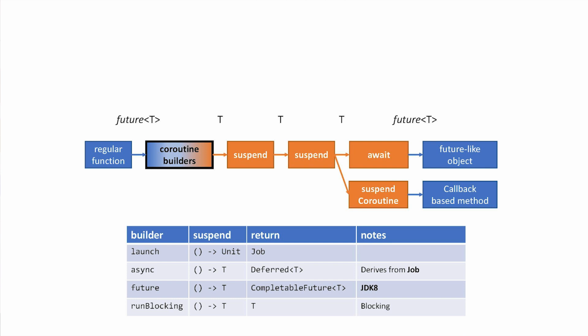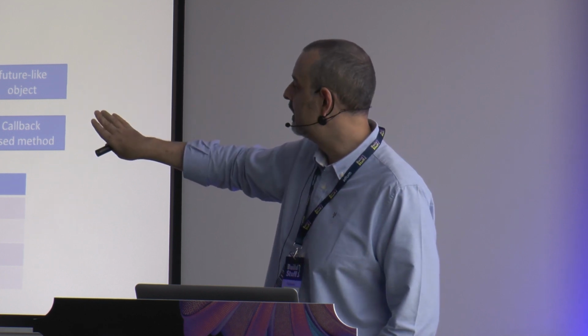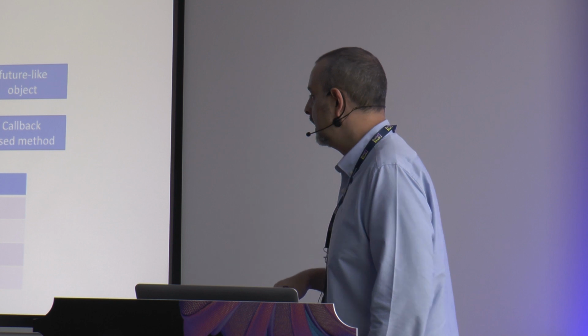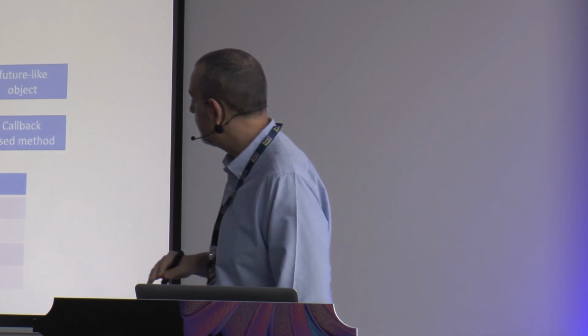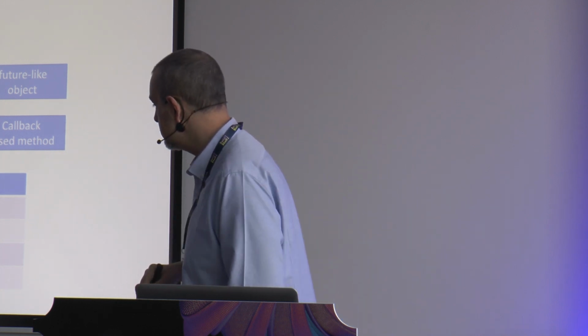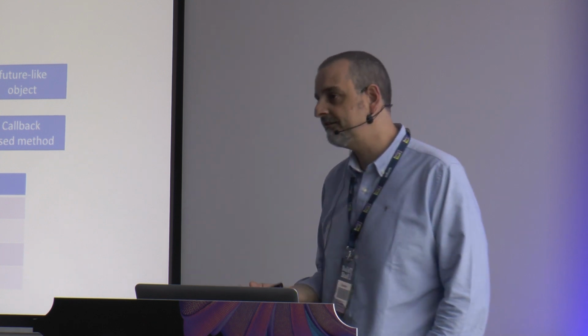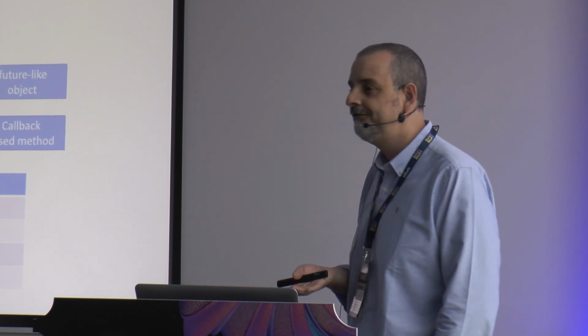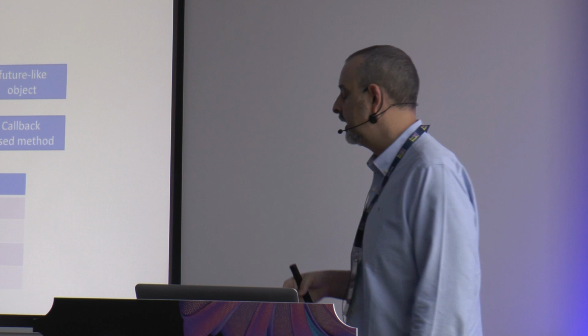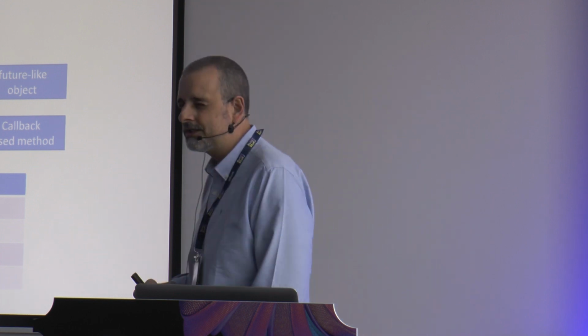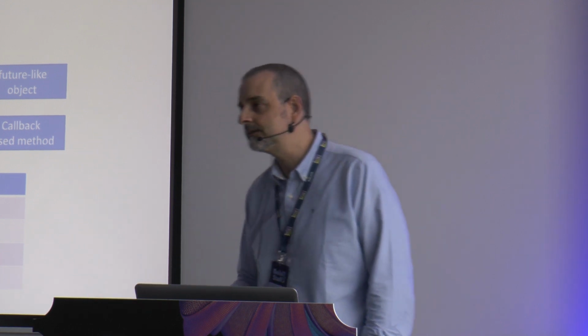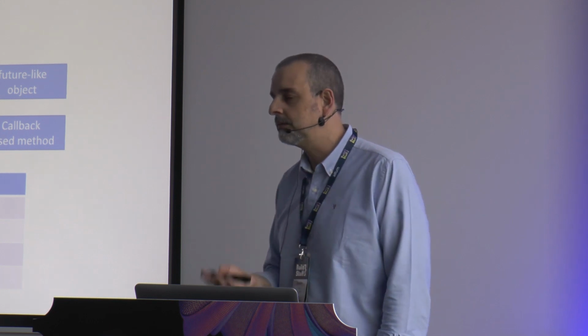The coroutine builder is the thing that allows me to do the reverse interface, to go from regular functions into suspend functions. And what a coroutine builder does is that it receives a suspend function and returns a future-like object. Because Kotlin tries to target different environments, it does not use a completable future.